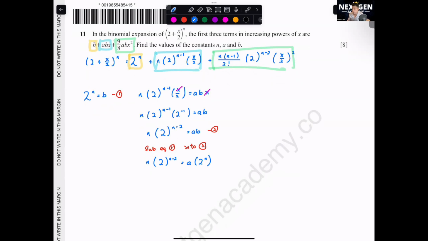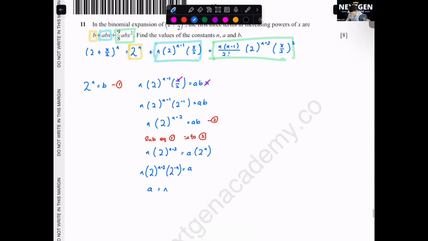Now you see both sides have 2 to the power of n. Let's write an expression for a. So a is equal to n times 2 to the power of n minus 2, then times 2 to the power of negative n, because when I bring it over to the other side, it becomes an inverse. We put a on the left-hand side so that it looks nicer. a equals n times 2 to the power of n minus 2 minus n.